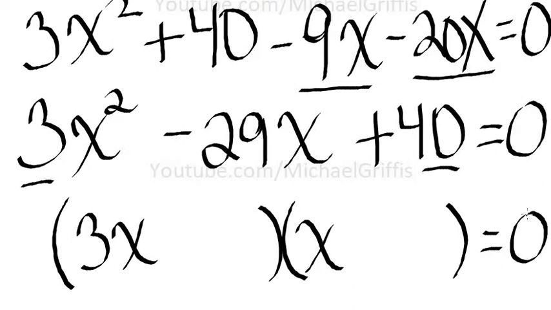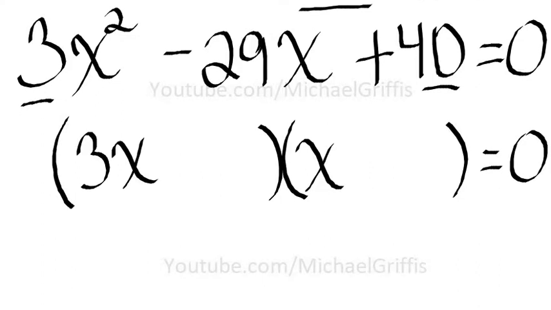So 40 could be 10 and 4. Is that a possibility? 10 and 4. Well, the best thing to do is you just throw it in here.